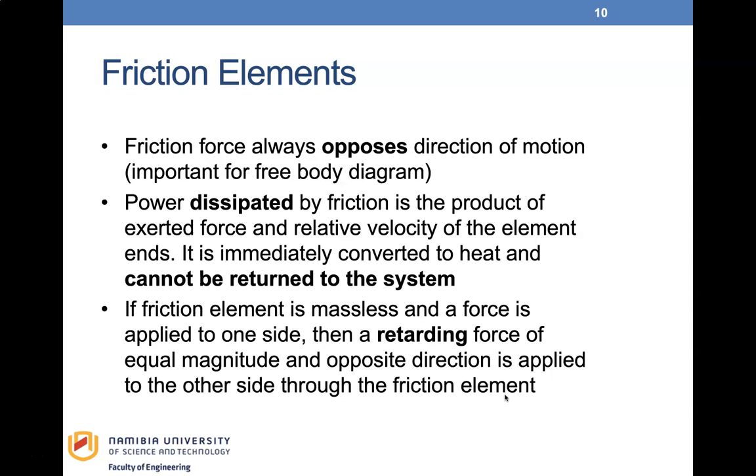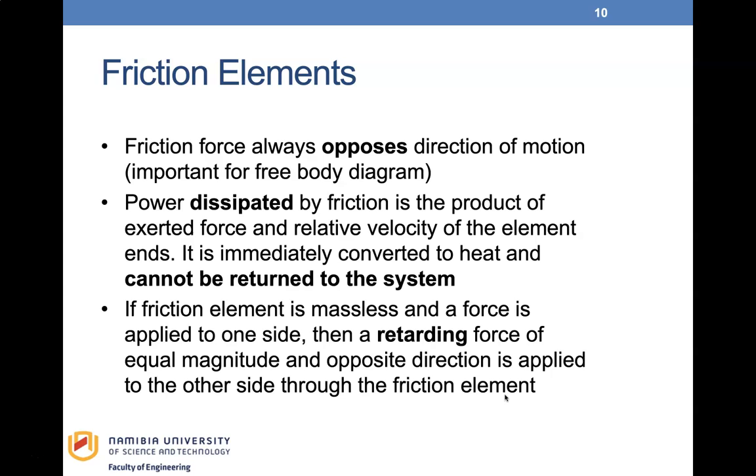You must remember this. And then power dissipated by friction is the product of exerted force and relative velocity of the element ends. So it is immediately converted to heat and cannot be returned to the system. So when there is friction between two bodies, heat will be dissipated, and that heat is lost.